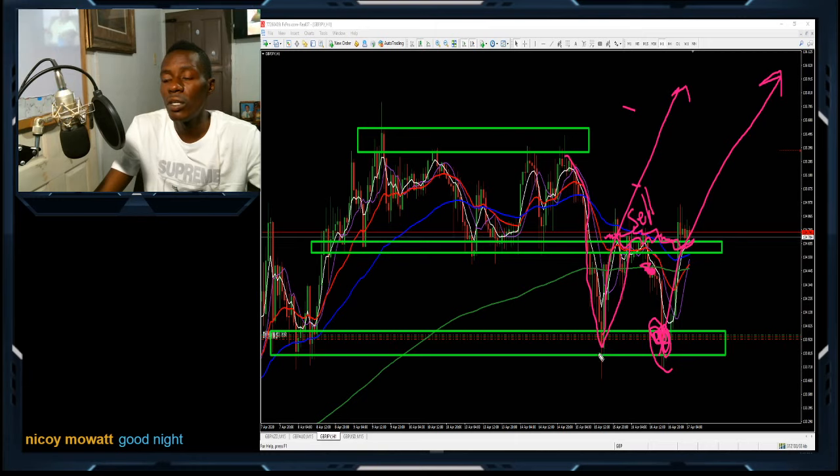This is my way of thinking. The bears are getting challenged again. Let's see how the week ends, but I'm looking at breakout, pullback, breakout, pullback on the way. So this is what I'm expecting.